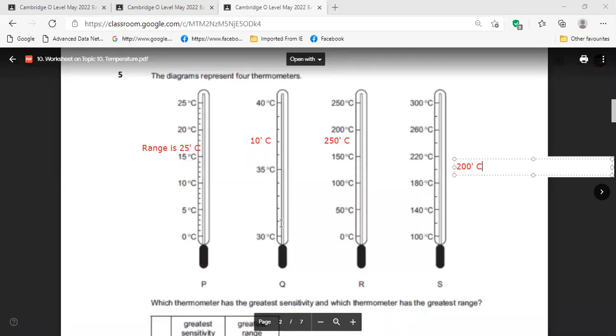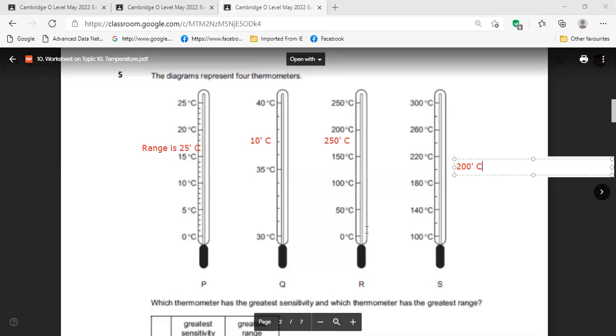So what is our definition of sensitivity? For each degree Celsius, whichever has more liquid thread increase or liquid level increase, that one is more sensitive, right? And for this one R, only this much length is covering a huge temperature gap like 0 to 50 degrees Celsius. So for 1 degree Celsius it will increase only a little, very little, right?